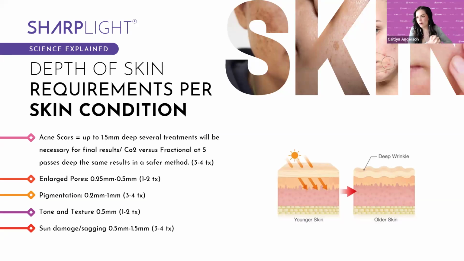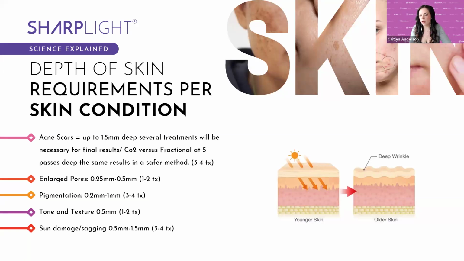Okay, so there's a couple things to consider first and foremost when it just comes to the basic parameters of using a fractional. Different skin types are going to require more or fewer treatments because with darker skin types, you've got to be really careful with how many passes you're doing.